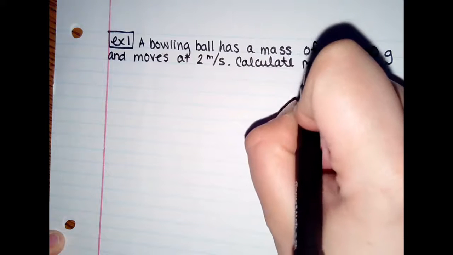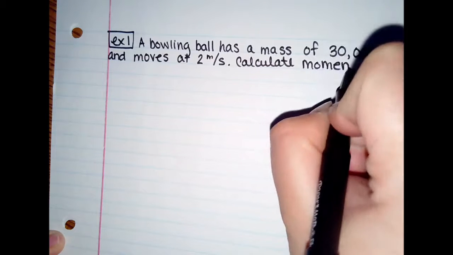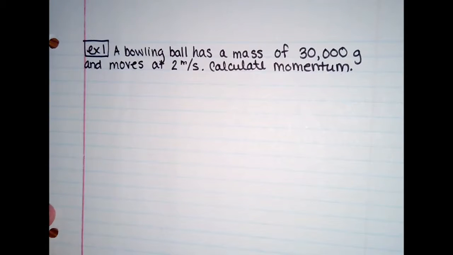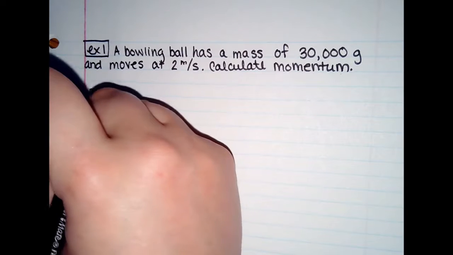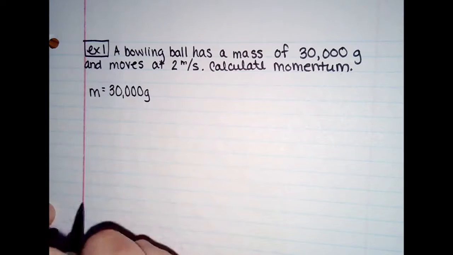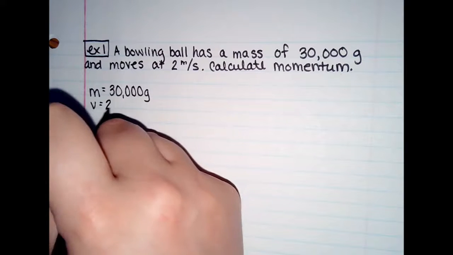Calculate momentum. Right away, we're told the mass is 30,000 grams and the velocity is 2 meters per second.